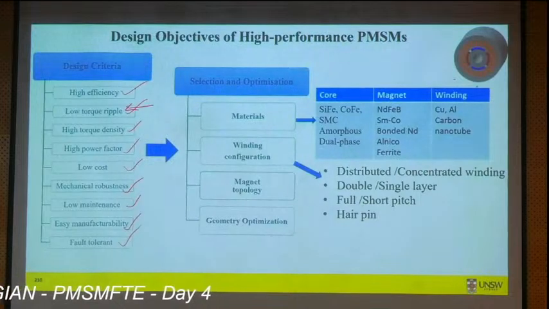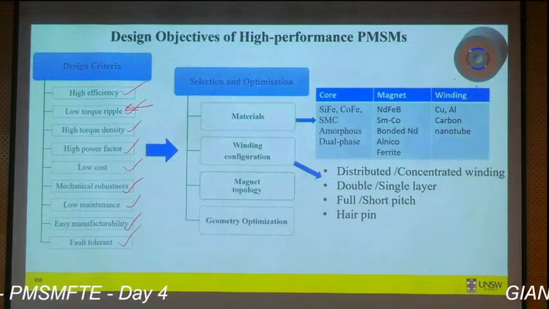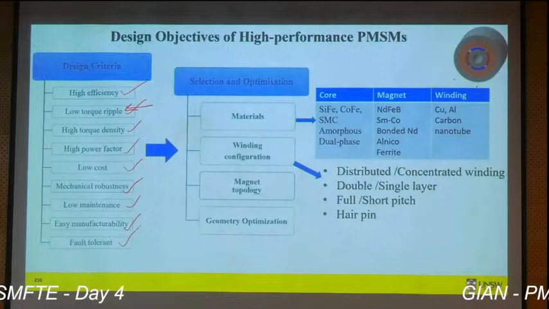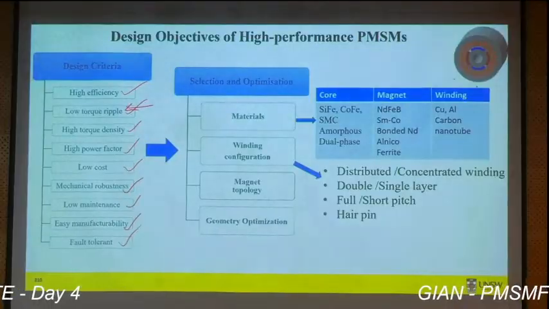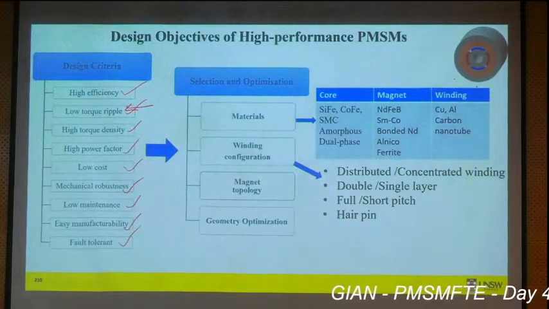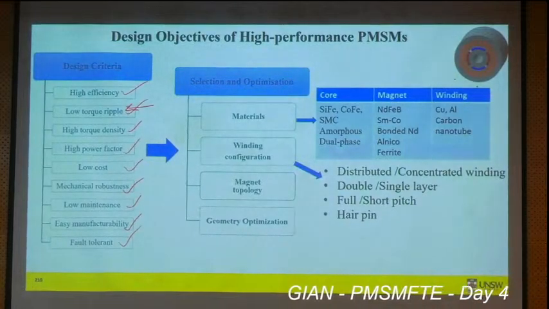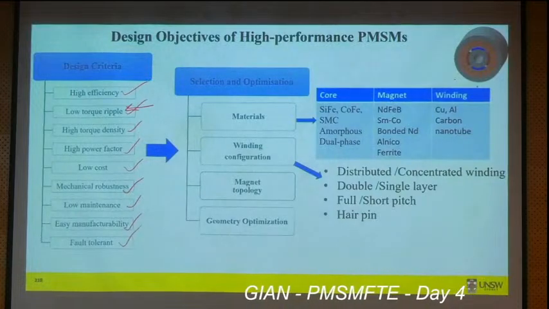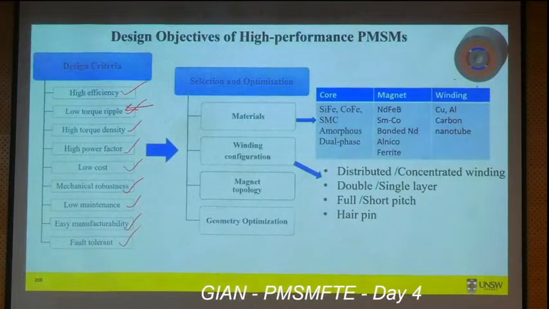So that means it is compromising on torque density. Okay, so that's why getting 2 or 3 of them together may or may not be feasible depending on the requirement.